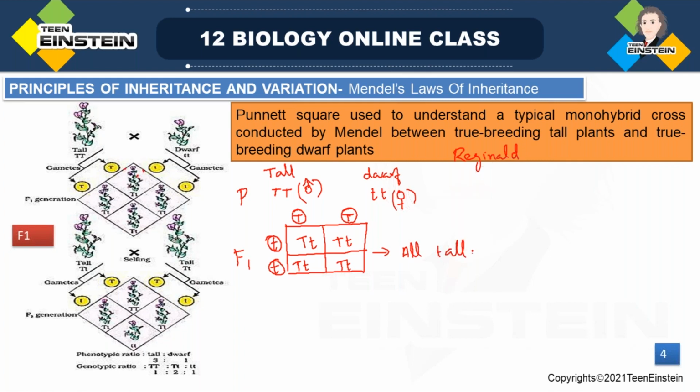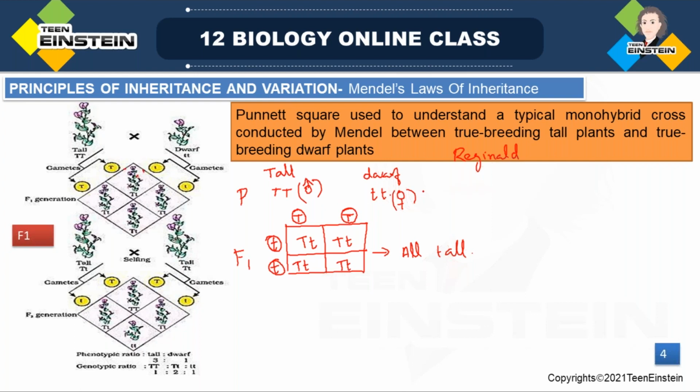Here all tall. Okay. Again, in the second one, see this, parent 1 is tall and parent 2 is dwarf, and they are producing possible gametes. From parent 1, capital T and capital T, the same type of gametes are produced because it is homozygous.